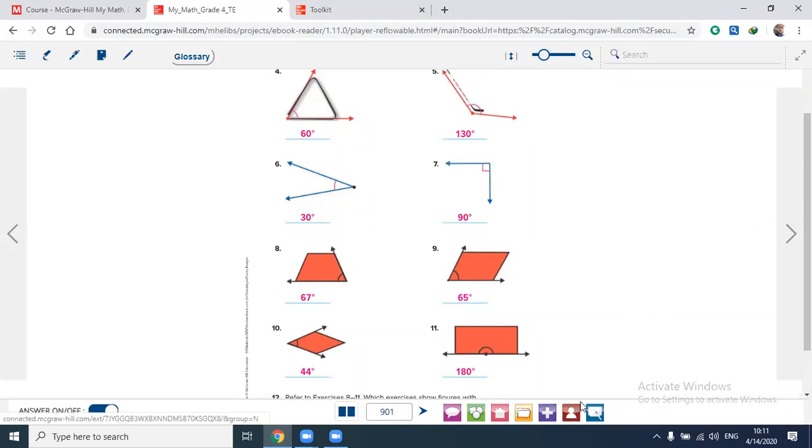Have you done this page? Now we are going to the next page.